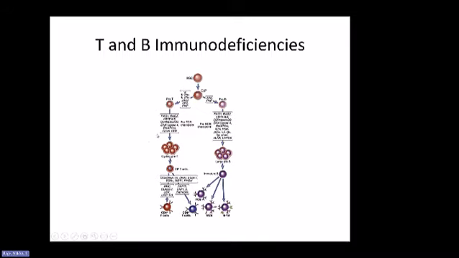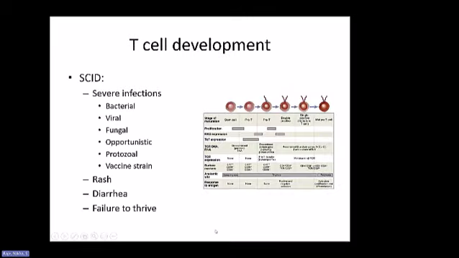If the defect is in some of these DNA repair genes or the ones responsible for recombination, B and T cells can both be affected. And then if the defect is in specifically some of the factors that are responsible for downstream maturation of T cells or signaling of T cells, you'll have various types of defects shown here.